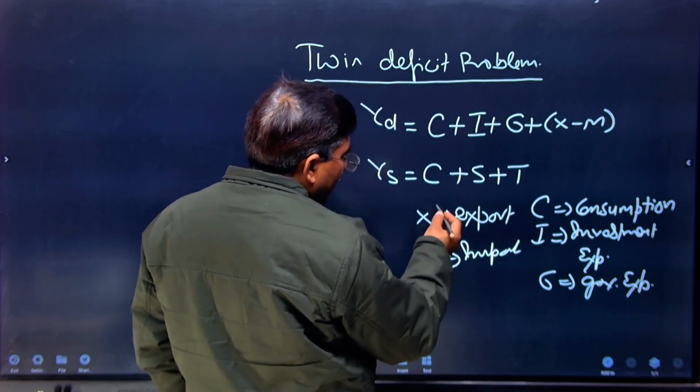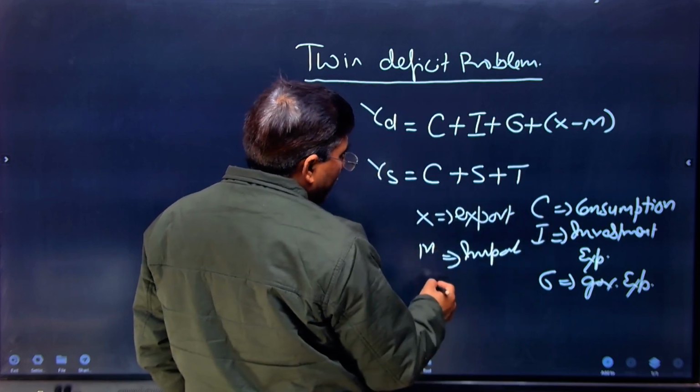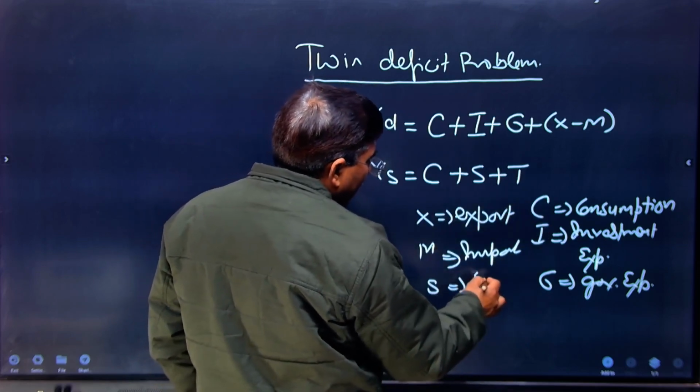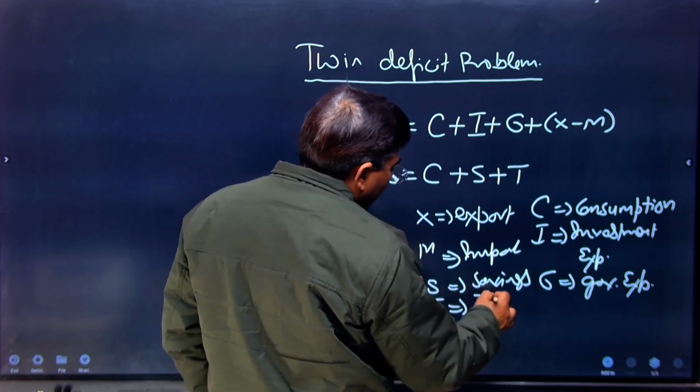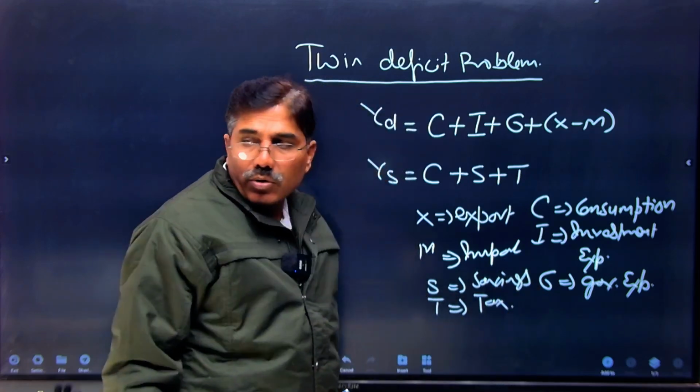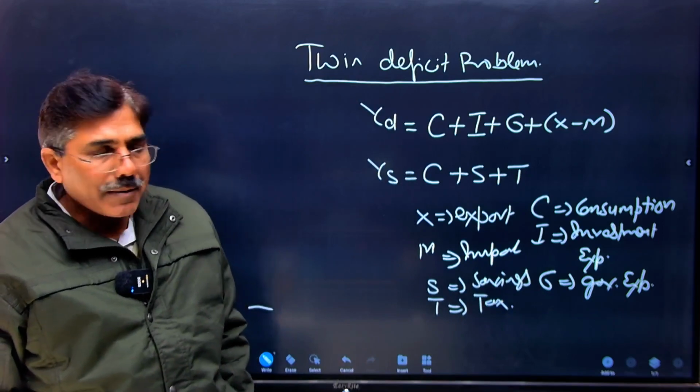On the other side, this C also represents consumption expenditure, S represents savings, and T represents tax revenue collection of the government. Now your point is clear.